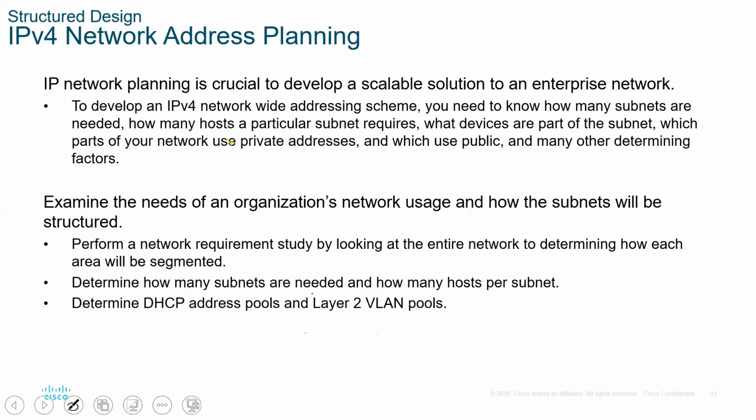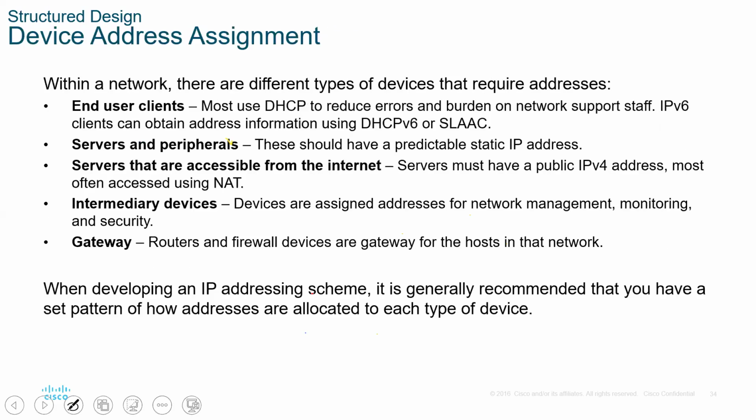Then you determine the DHCP address pool and the layer 2 VLAN pool as well. Within a network, there are different types of devices that require addresses. You have your end user clients, like your phones, laptops, desktops, IP cameras, and printers.